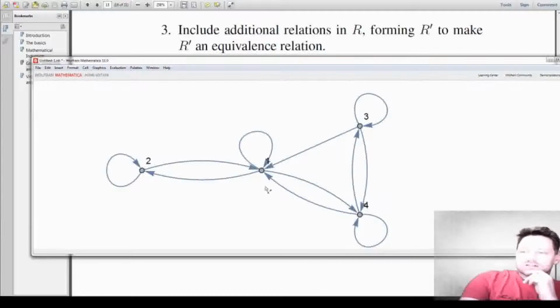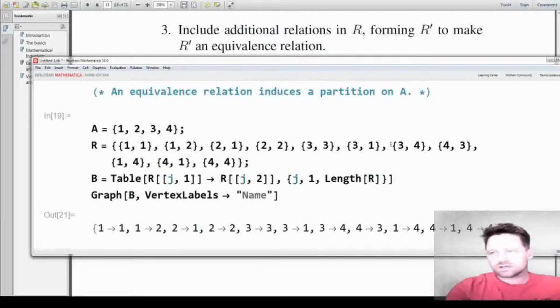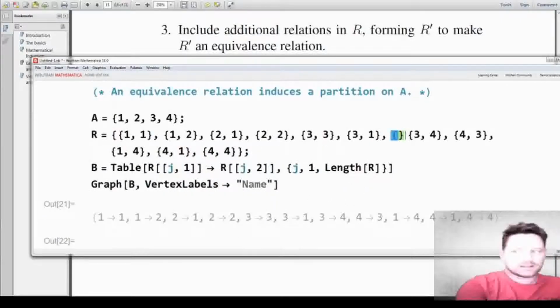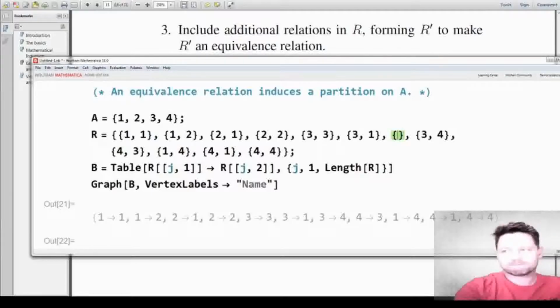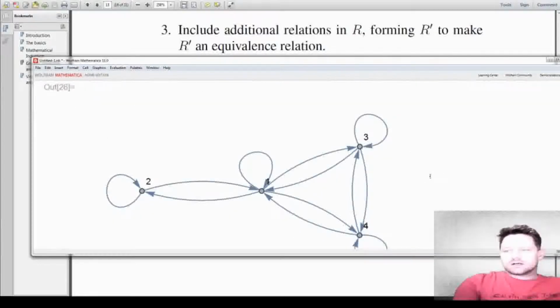So we've got 1 going to 4, 4 going to 3, and we need 1 going to 3. So let's include 1 going to 3. All right, that looks good.